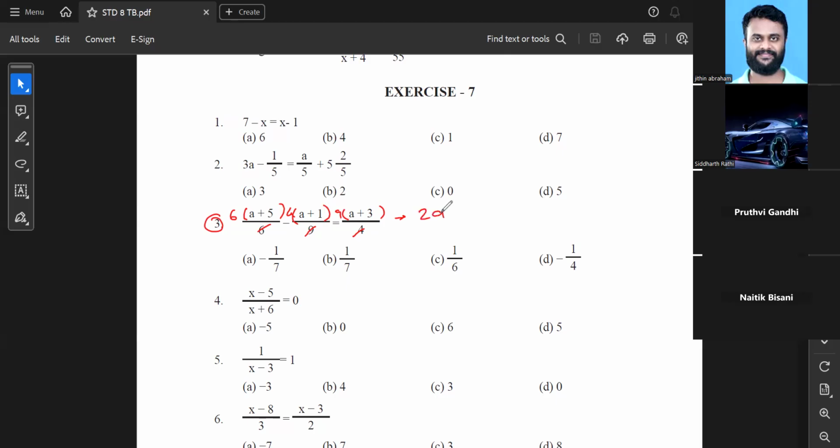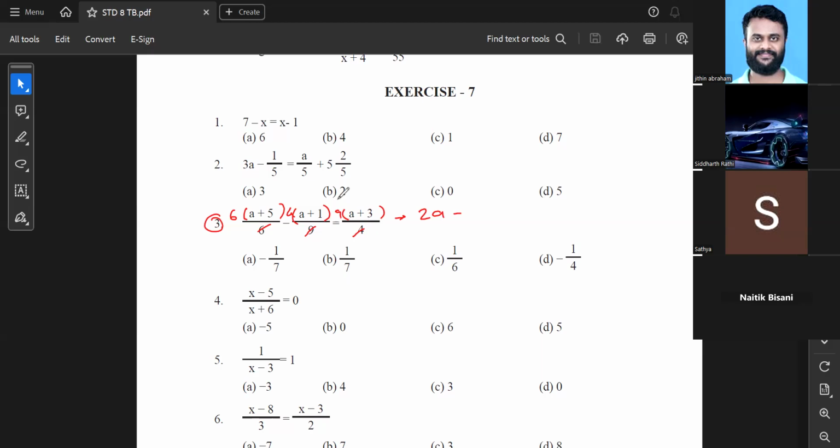On the left hand side, I'll have 2a. 6 into 5, 30. 30 minus 4. See, I'm solving directly, assuming that you have already done this. Do you want me to solve this step by step? No, sir. Sir, why did you multiply by 6 only?